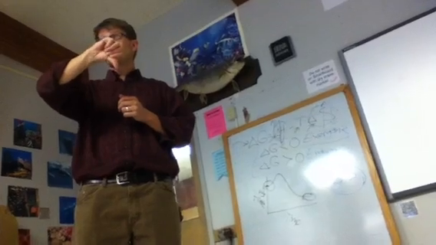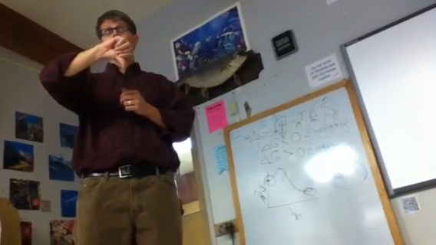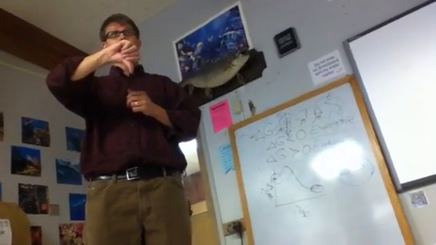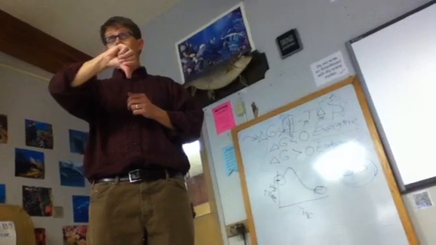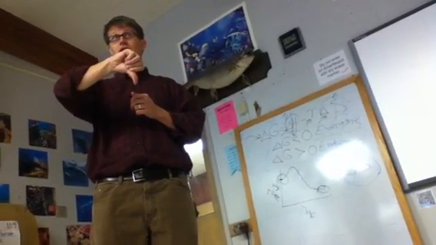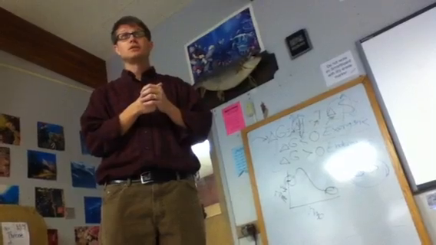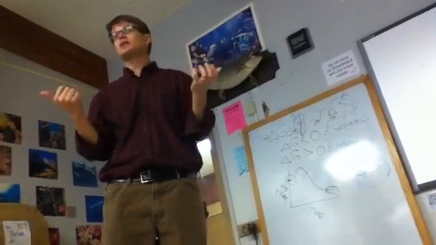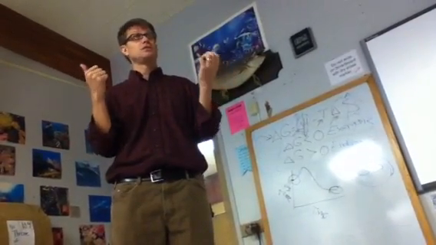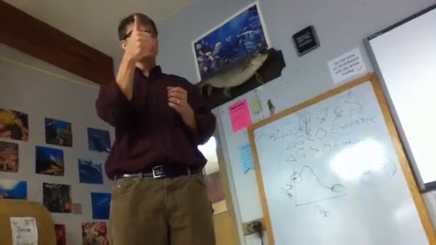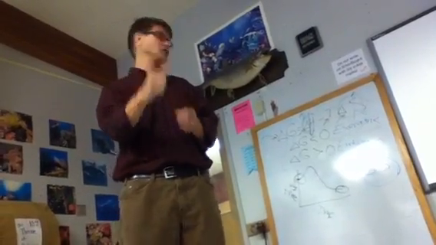What is the most important exergonic reaction in all of life science? Respiration, okay? So we're releasing energy. It's exergonic. And where's that energy going? It's going to ATP. What's the most important endergonic reaction? Photosynthesis. The delta G is positive, and so we're storing energy.